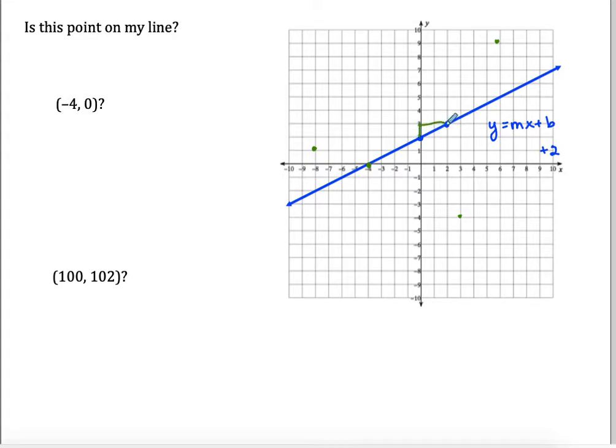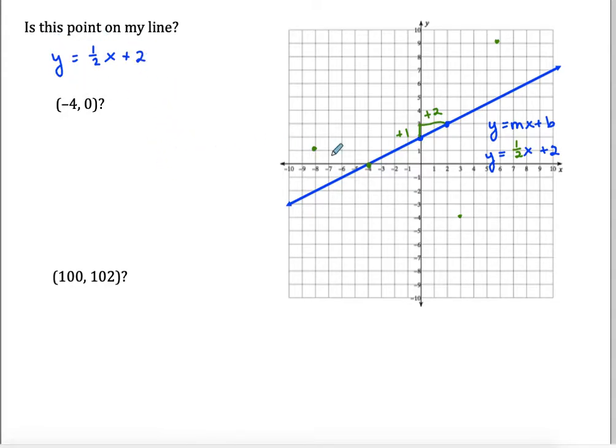So here to get between these points, it went up 1 and it went over 2. So my slope is 1 over 2 times x, and that is equal to y. So in other words, my rule is y equals 1/2 x plus 2.